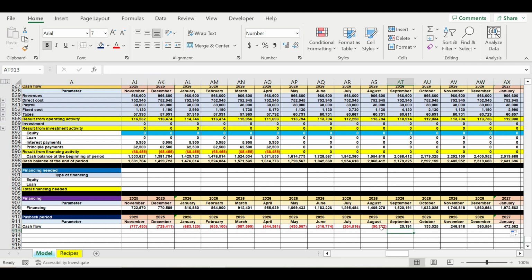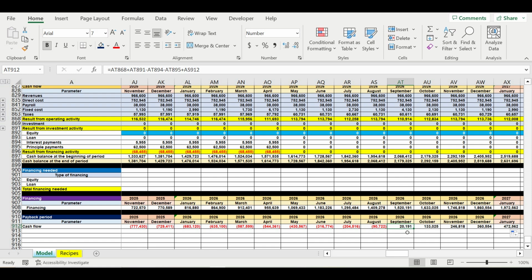The moment when negative turned to positive, in September 2026, means that the cash generated by the business equals the amount of money that we put inside this project. So this is the moment of payback.